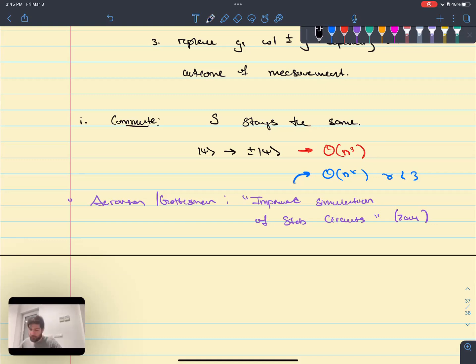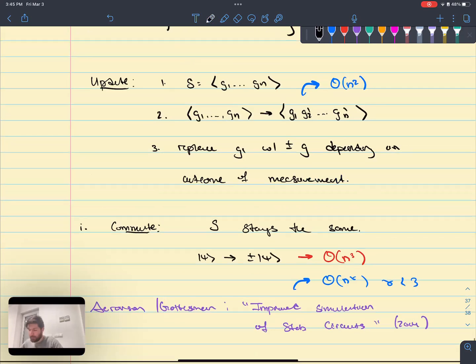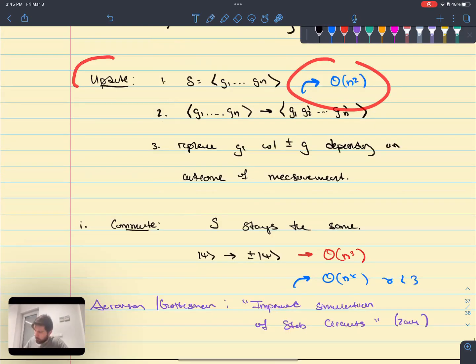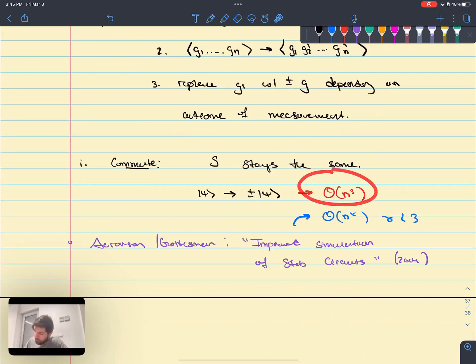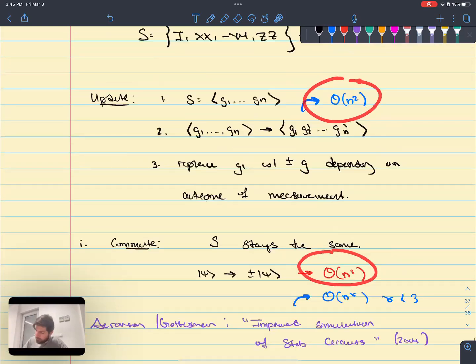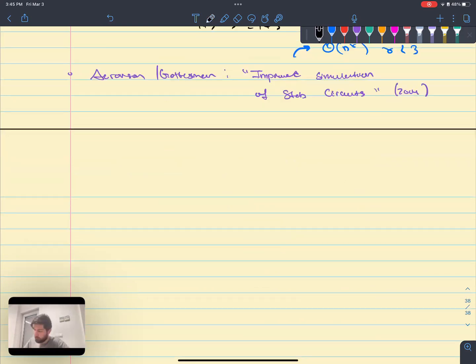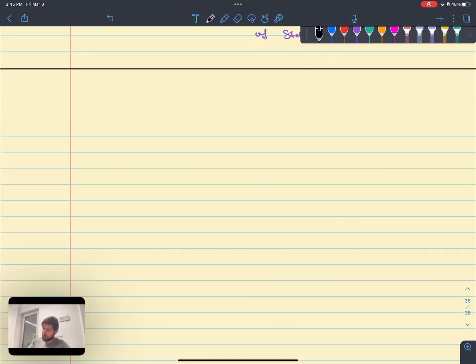So that's what we'll talk about next time. But still, even with all of this, the updates of the measurements are polynomial in the number of qubits, n cubed or n squared. So the whole thing still requires just polynomial steps or updates.